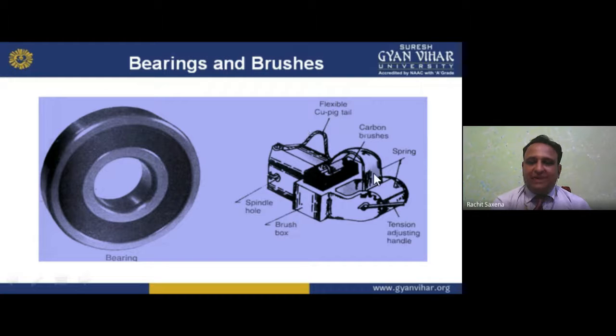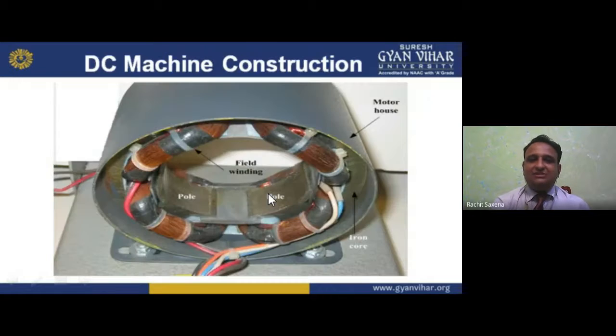This is the carbon brush holder assembly. Here, carbon means the brushes. In this assembly, this is the carbon brush, this is the spring, and the tension adjusting handle sets what type of tension I want in the spring. Then the brush box and the spindle hole. I hope you understand. Next, a simple construction, how it looks.